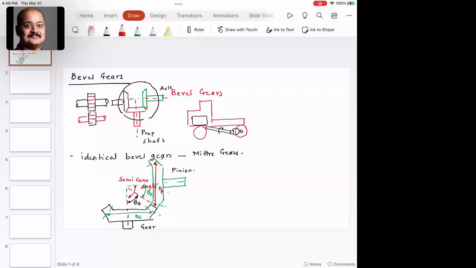So the important equation here is sine theta g is equal to Rg divided by L, and this distance L is this distance.